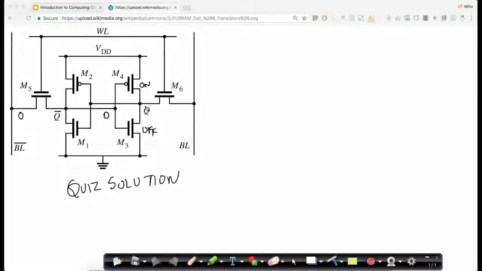So the output at Q is 1. This 1 feeds in over here again. Because of 1, this one is off, and the transistor M1 is on. So the right answer to the question was M1 is on.